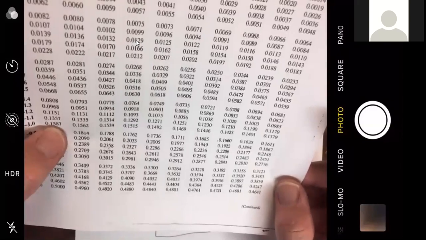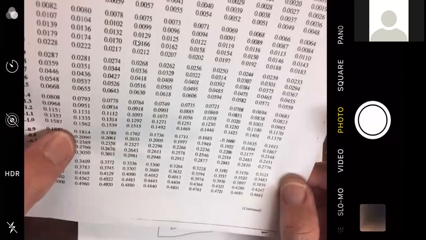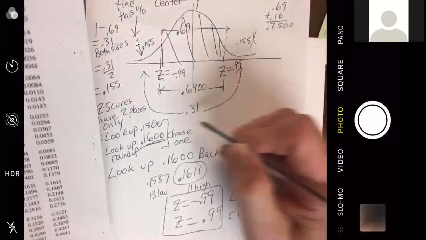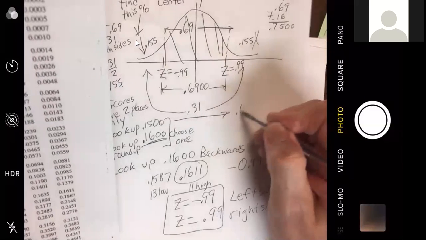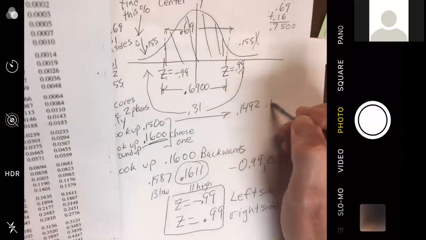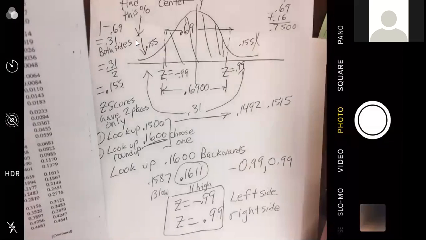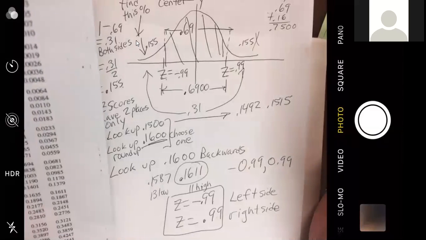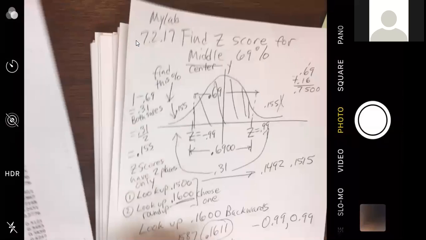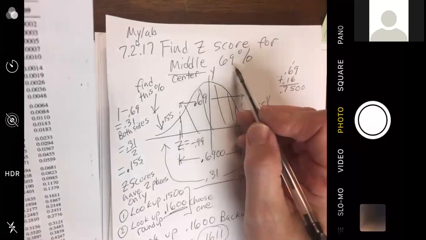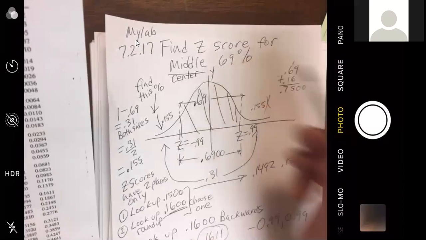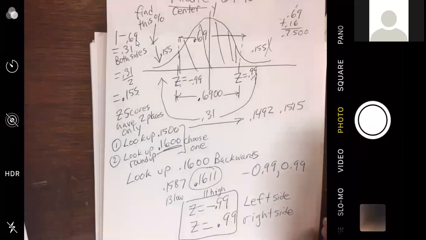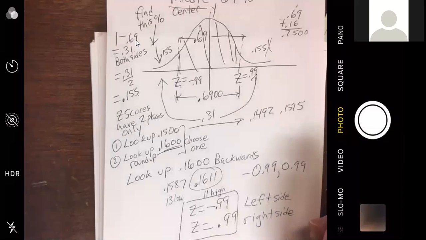When I submitted the answer, they said to solve this problem, you must find the Z values that bound the shaded area in the graph to the right. But it clearly said 69% in the middle. Yes, the middle 69% of the distribution from the area in the tails of the standard normal distribution.